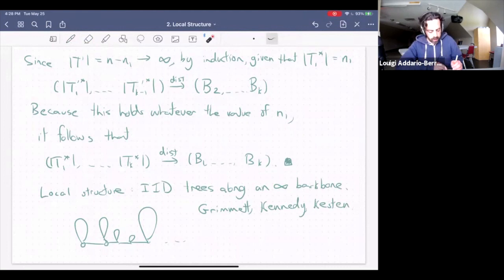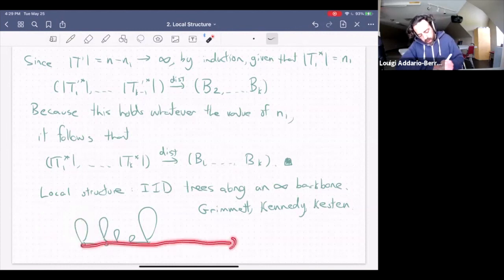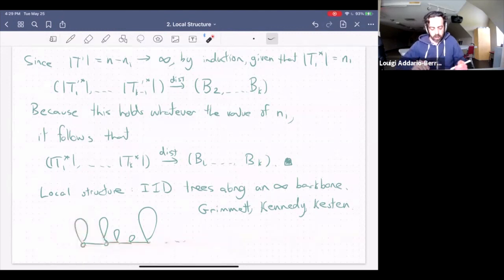I described the structure for uniform trees, but in fact it holds in quite some generality, for critical branching processes conditioned to be large. And then what you see is a unique infinite path with independent critical branching processes hanging off it as the local structure near the root.